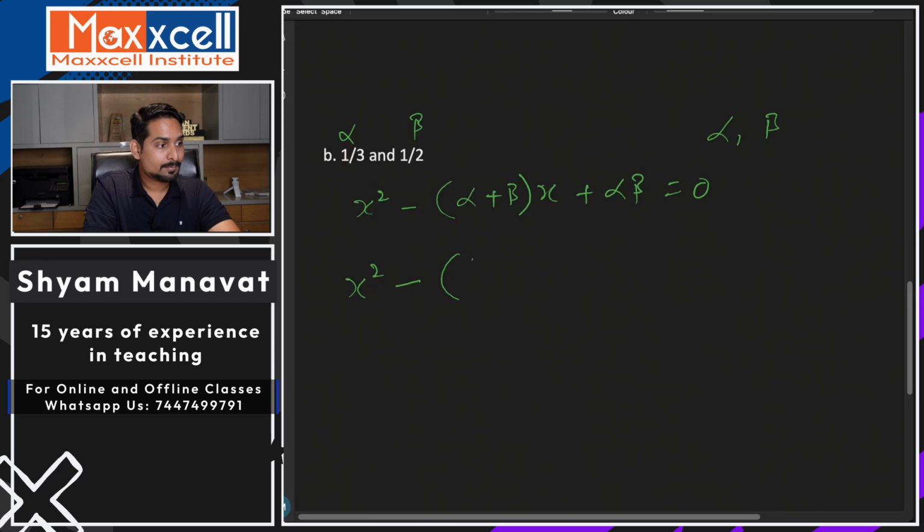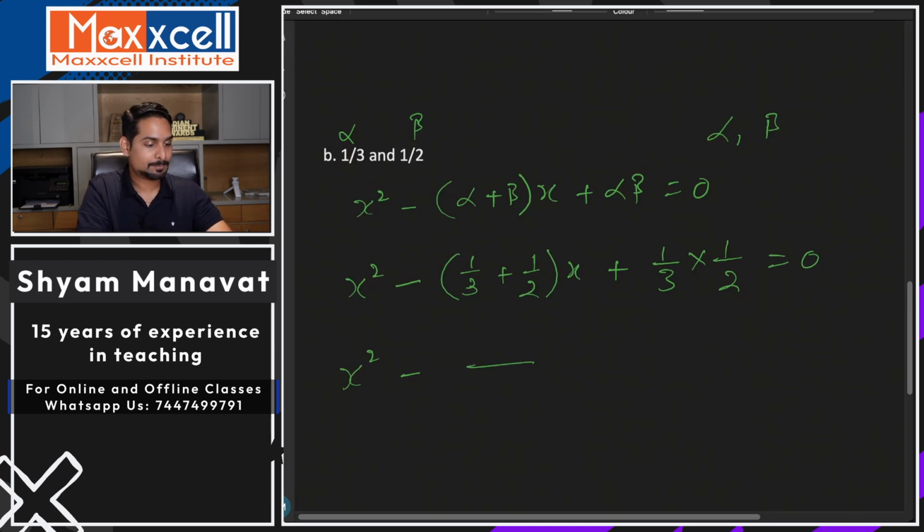Substitute: x square minus (alpha 1 by 3, beta 1 upon 2) x plus alpha 1 upon 3 into beta 1 upon 2 equals to 0. Simplify 1 by 3 plus 1 by 2. How do you add the fractions? 3 times 2 is 6, cross multiply 2, cross multiply 3, and here you get 5 by 6.